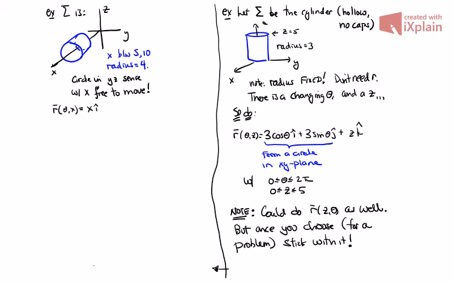And we'll have an x i that takes care of the x direction. Then we'll have radius of 4, so 4 cosine theta j, 4 sine theta k. We'll list theta first, between 0 and 2 pi, and we'll list x next, between 5 and 10. That takes care of that.